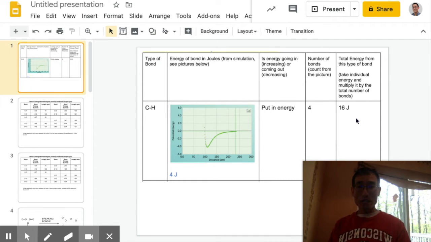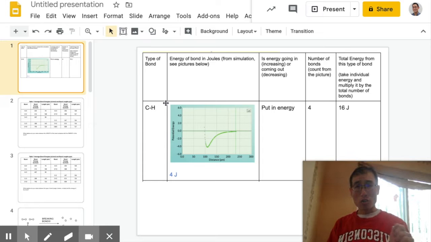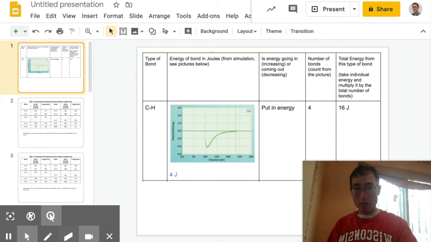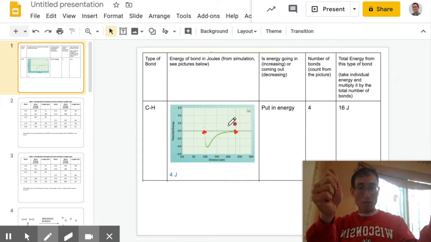So the last lesson we had, we looked at this chart. It showed the bonds and the energies that were needed to break or make those bonds. So we had this potential energy curve. The atoms are far away when they are in these positions here. So if I have an atom here and an atom here, they're far away, higher up in energy.